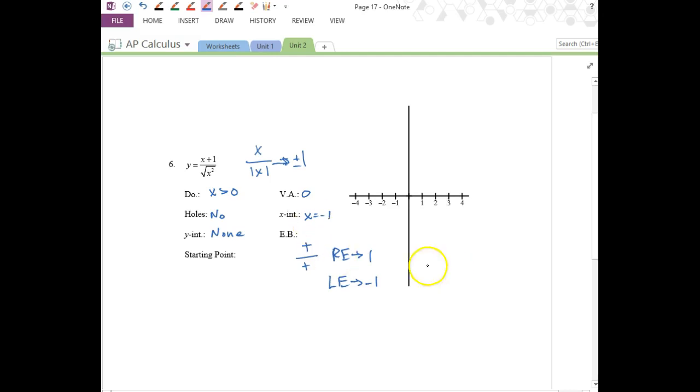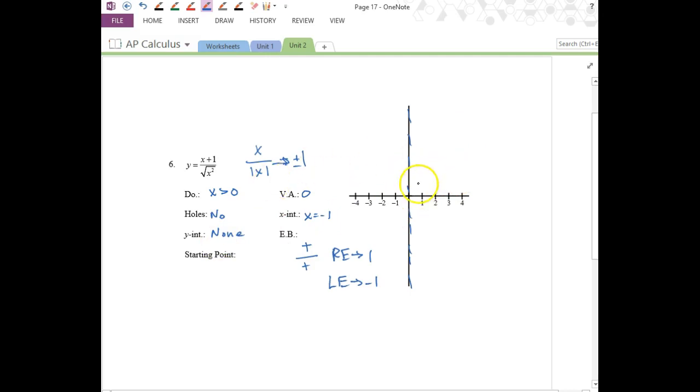Okay, so for the starting point, I'm not going to do the starting point. I'm going to draw my asymptotes because I'm going to show you what this graph looks like. I have a vertical asymptote at 0. I don't even know where that starts, to be perfectly honest. Well, I guess the starting point would be at 0, the value just bigger than 0.